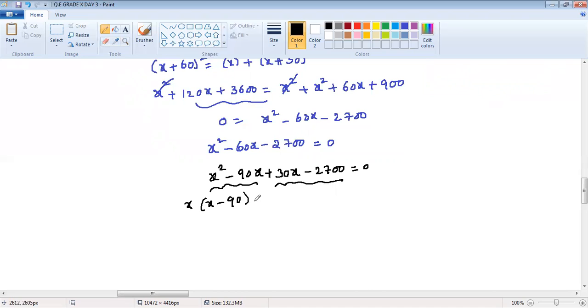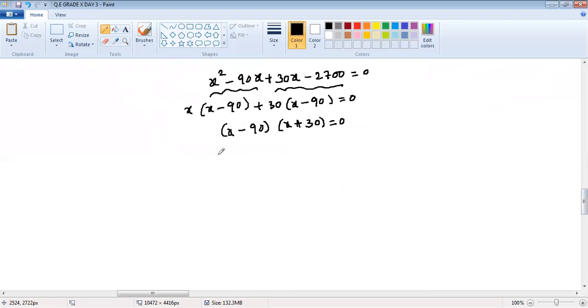Then take 30 common, 30 into x minus 90, which is equal to 0. Then x minus 90 into x plus 30, which is equal to 0. Then by comparison with 0, I'll get x equal to 90 or minus 30. This is neglected.